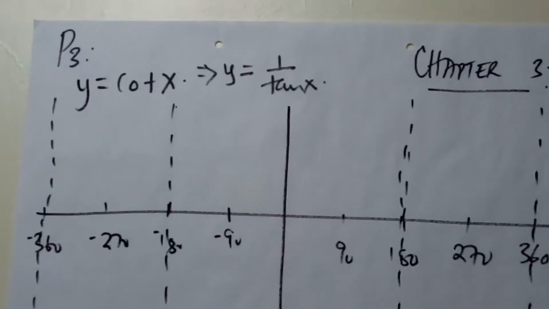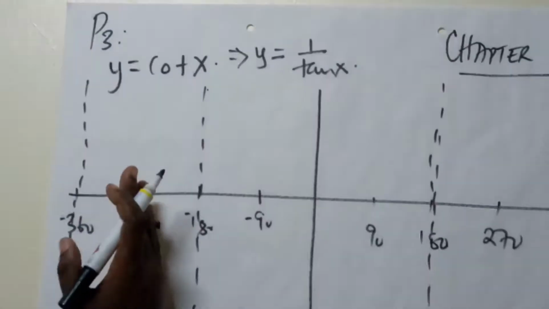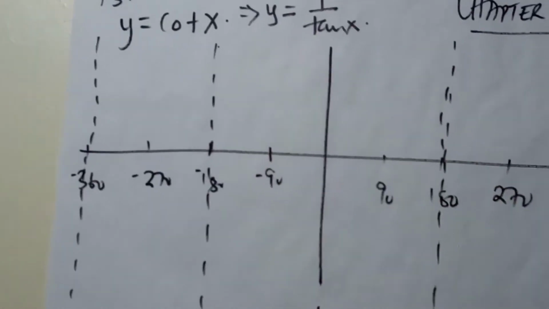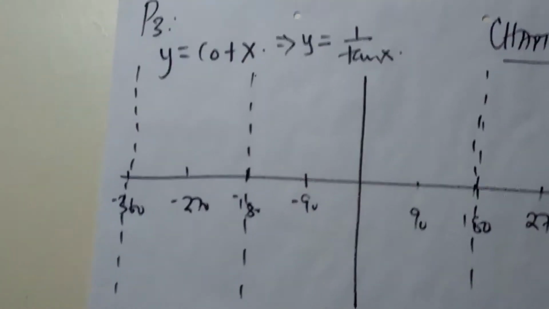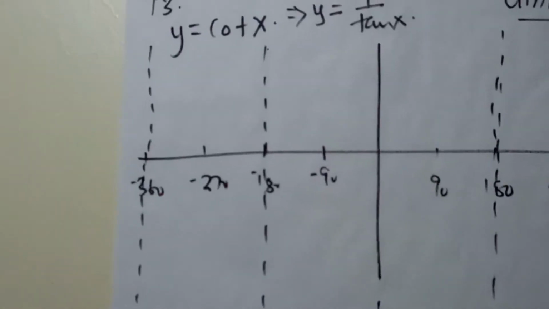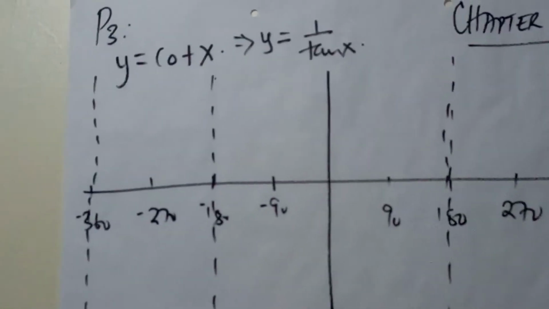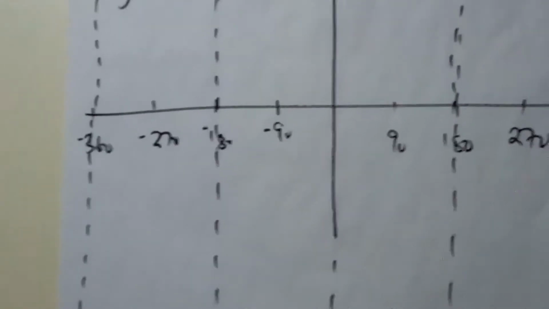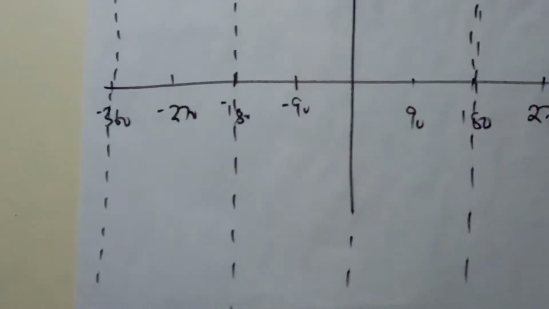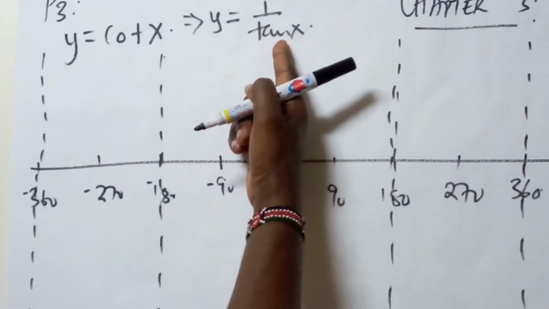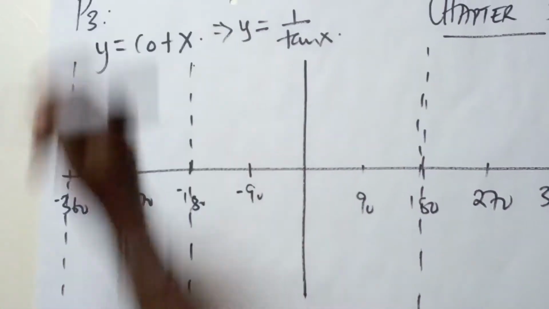of something slightly to the right of negative 360, for example negative 359, the tangent of negative 359 is a very small positive number, meaning that 1 over a very small positive number is going to be a very big positive number.